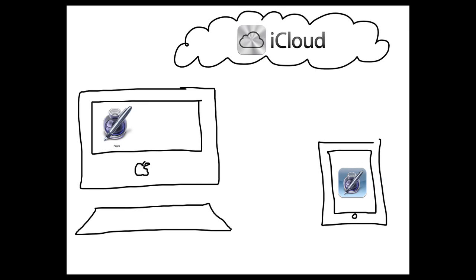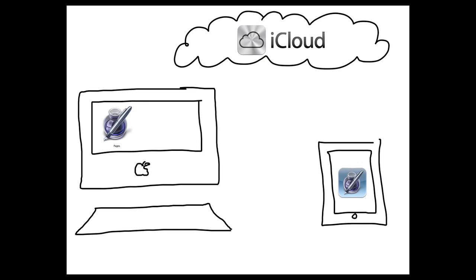From iCloud.com, we would then have to upload it manually over to iCloud. And then once it's in iCloud, I think, if I remember correctly, it should show up on our iPad. It's a little kind of hokey having to go into a web browser, so again, it's not there.